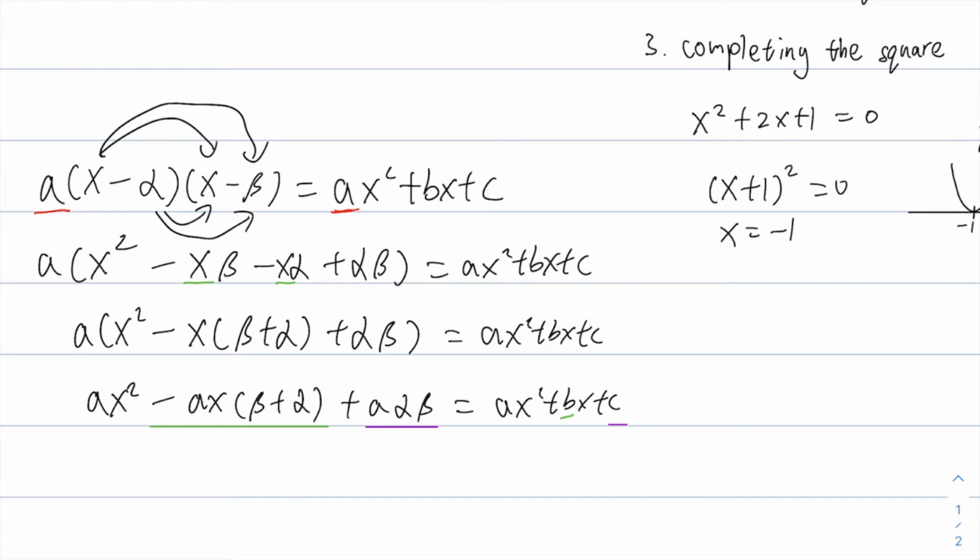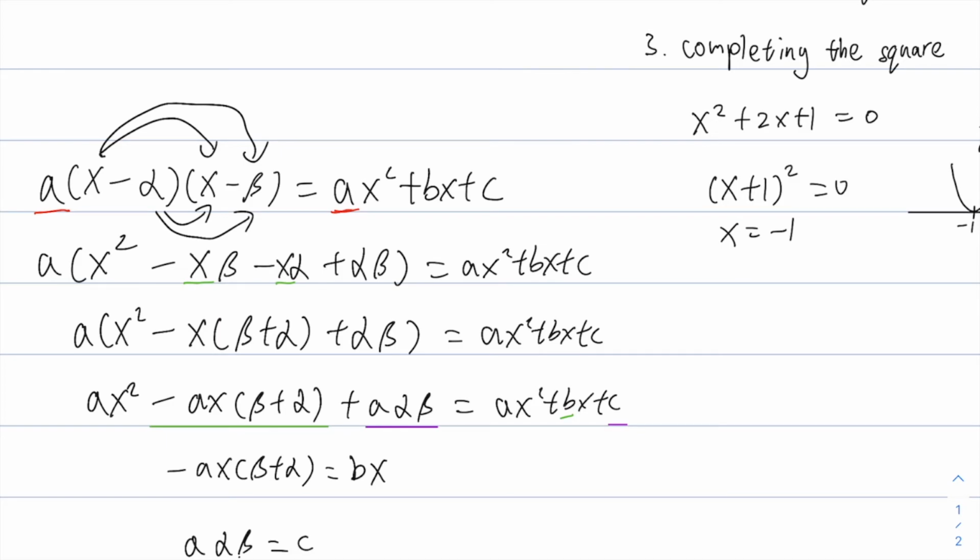So we can write the first relationship as negative ax times beta plus alpha is equal to bx, and the second relationship can be a alpha times beta is equal to c.